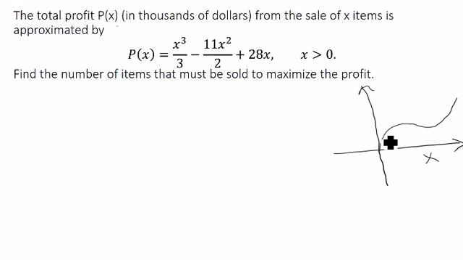So you want to produce the least amount of items and get the maximum profit. You're looking at the smallest value of x that will give us the maximum profit, and that's what we're trying to find here. That's going to be our relative maximum.